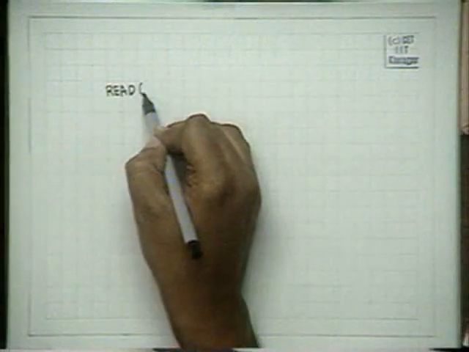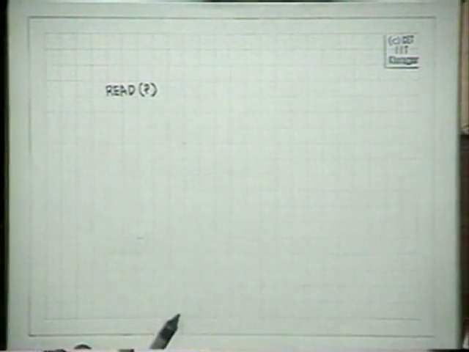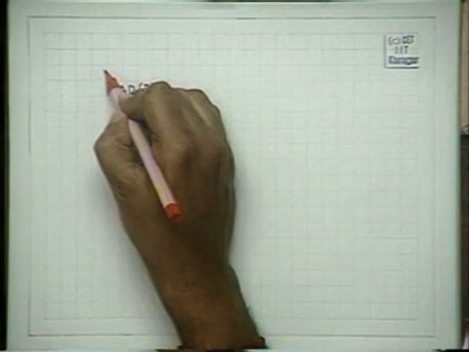We will first acquire the lock. We are reading P, so we acquire the lock in shared mode.